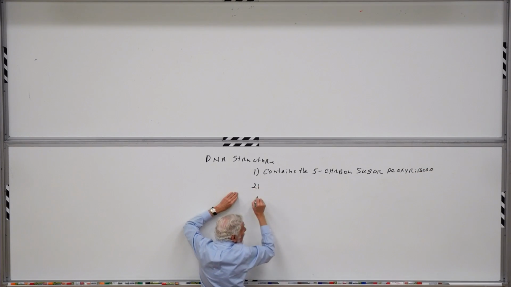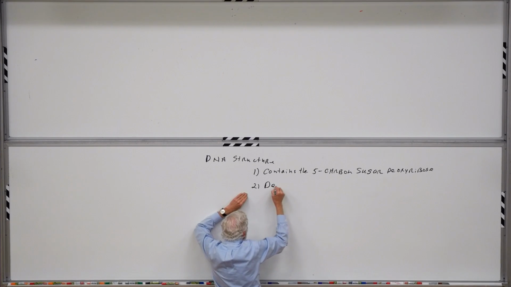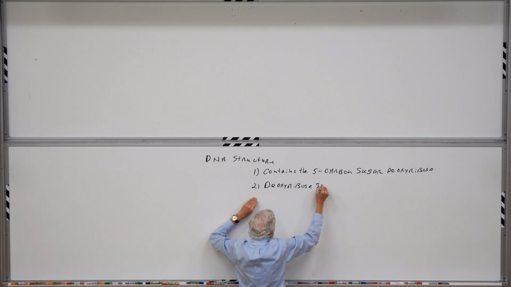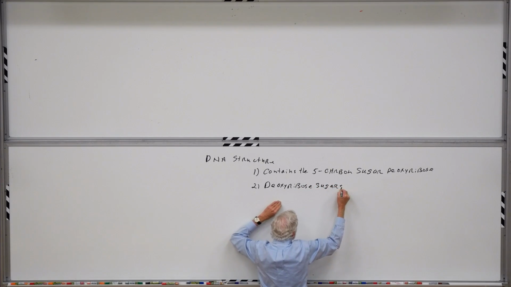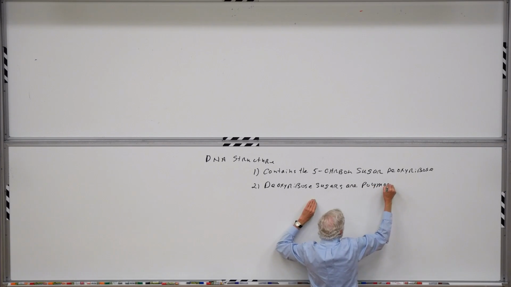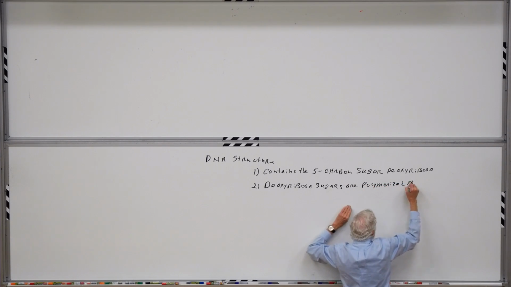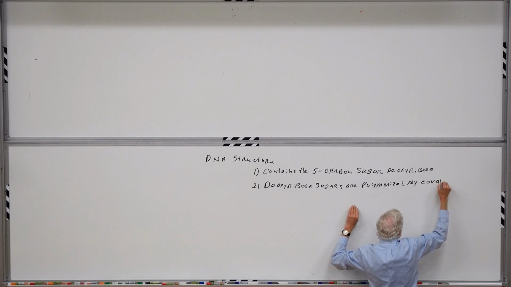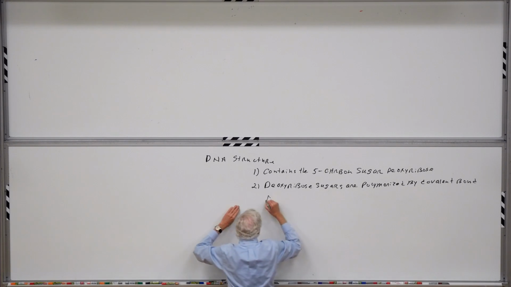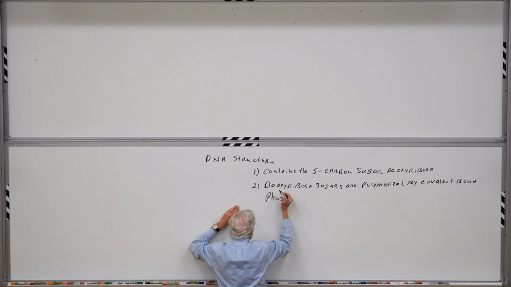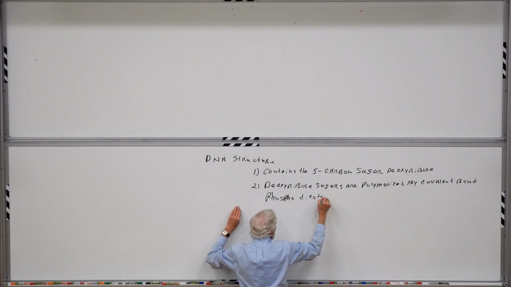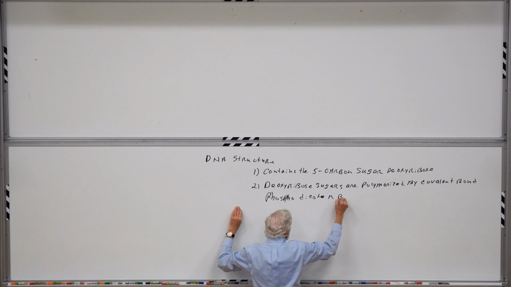The second major idea here is that the deoxyribose sugars are polymerized by covalent bonds called phosphodiester bonds.